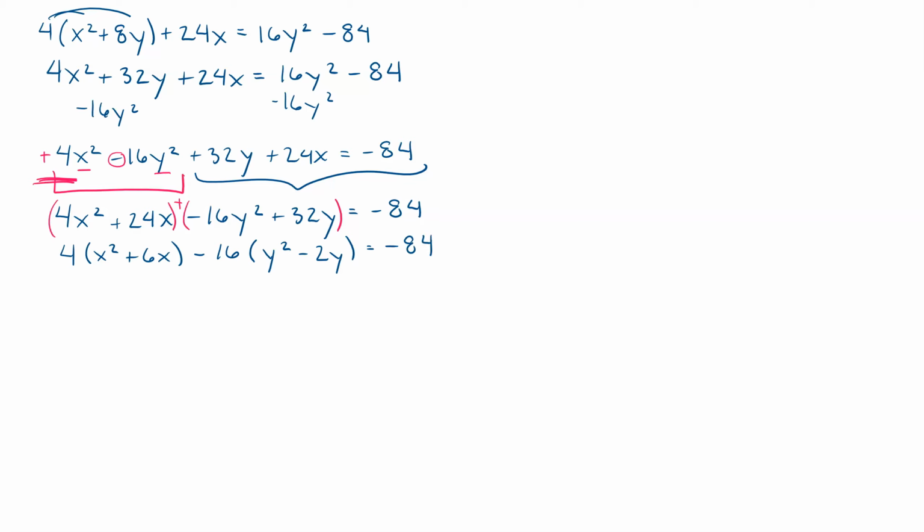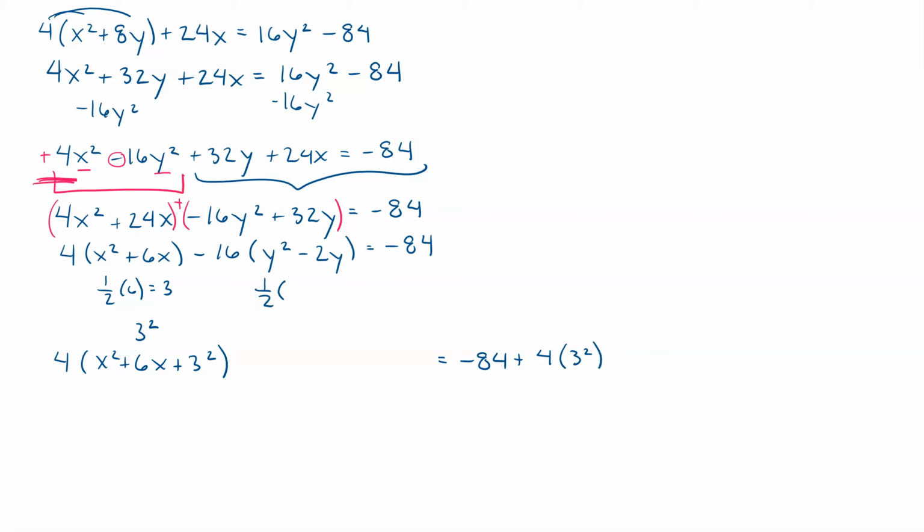And now we complete the square. 1/2 of 6 is 3. Square it. Add that to both sides. And when I do, I add the 4 times 3 squared.